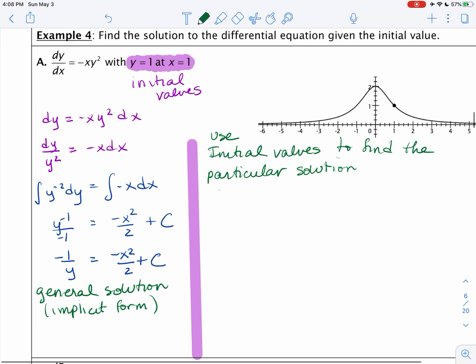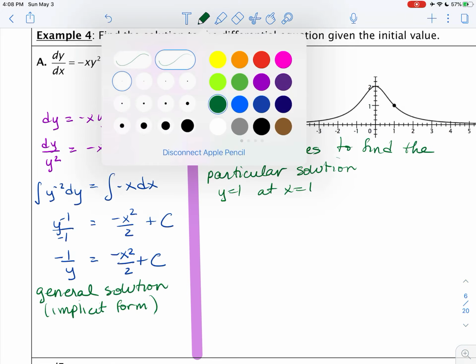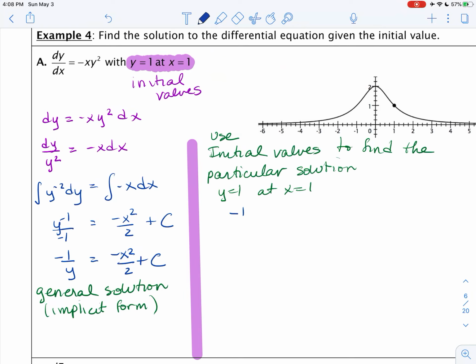So we have y is equal to 1 at x equal to 1, and I'm going to use the general solution here, minus 1 over y equal to minus x squared over 2 plus c, and I'm going to substitute my y is equal to 1 and my x is equal to 1.